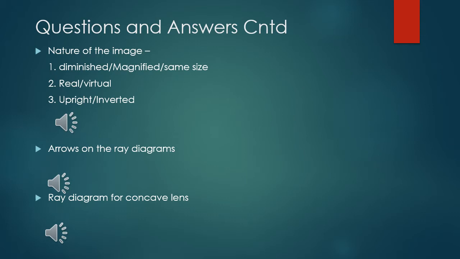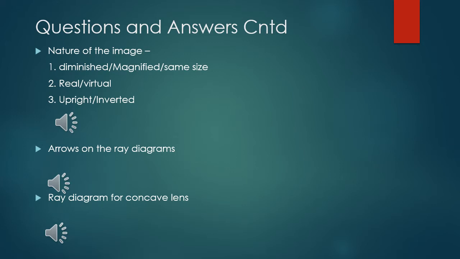Then another aspect of the nature is, did you get real images or virtual images? If the lines actually met when you drew them, then they are real images. But like in question 5, if you had to extend them backwards, then you call that a virtual image. And the last thing is the orientation of the image.